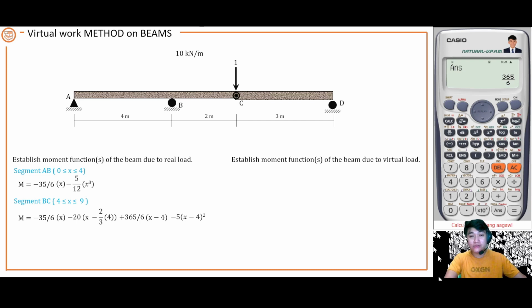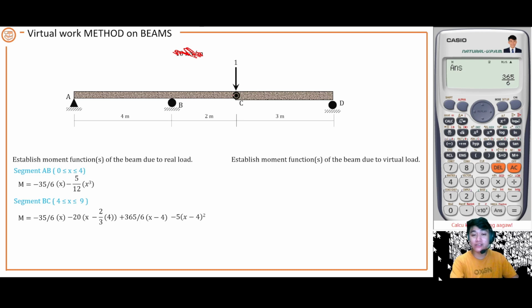If you want to identify the deflection at point C, apply 1 unit virtual load downward, assuming that the deflection here will be downward.